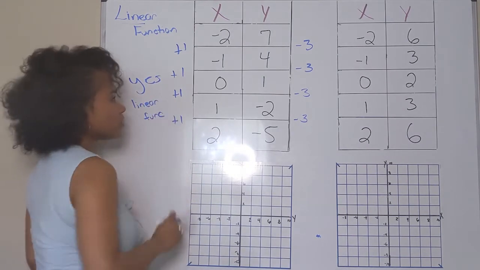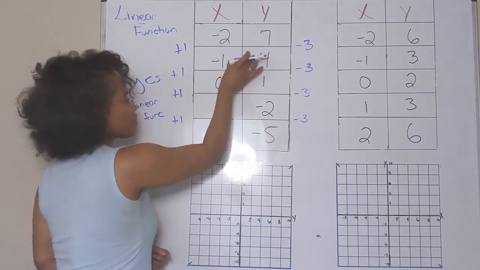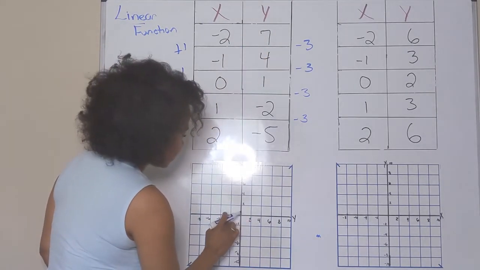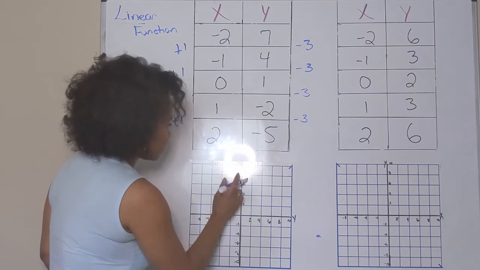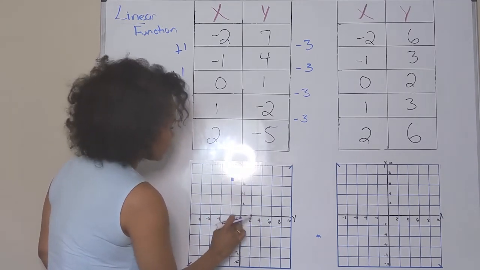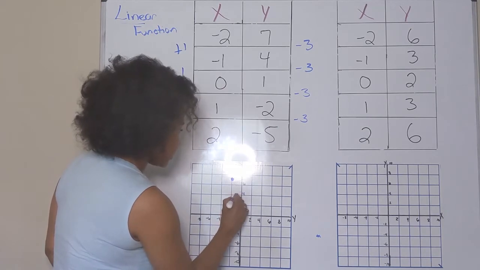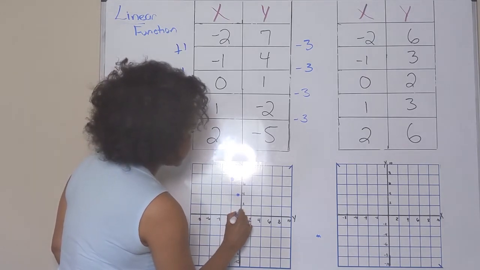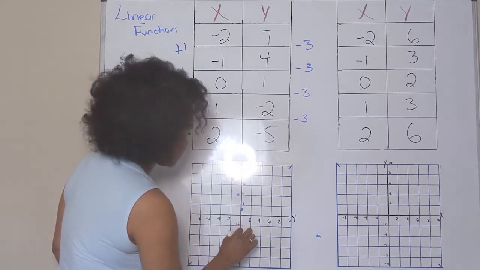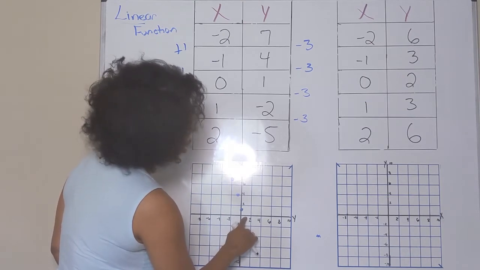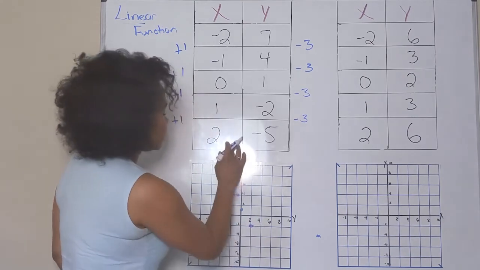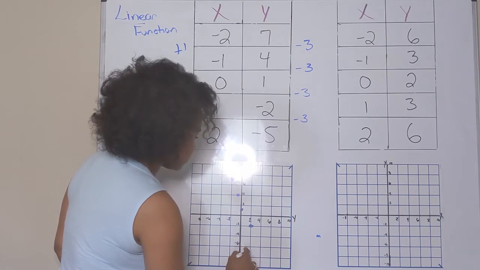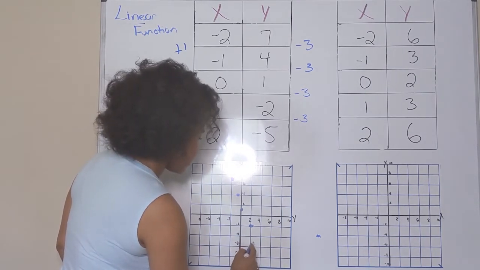So just to show you on a graph, if I were to graph these ordered pairs, it should create a line. So I'm going to graph -2, 7 first, back to -2, up to 7, right here. -1, 4, right here. 0, 1, 0 and 1 here. 1, -2, over the 1, down to -2, and 2, -5, over the 2, down to -5.